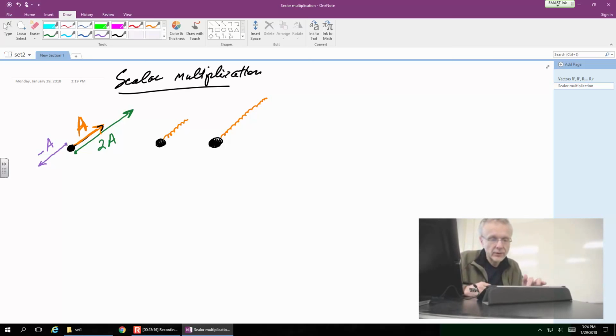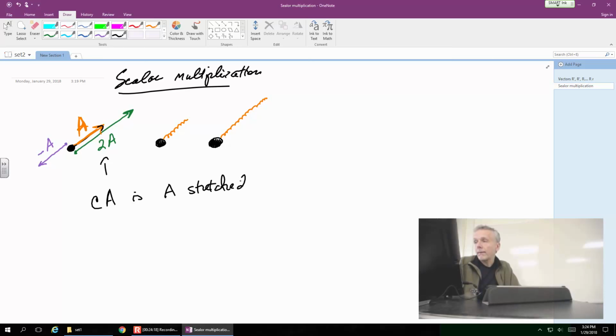So that is just a way to introduce these things. Let me put it in words here. Multiplication by C: CA is A stretched by a factor of C, if C is positive.